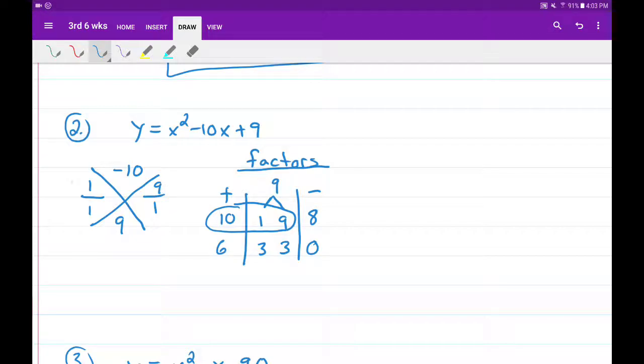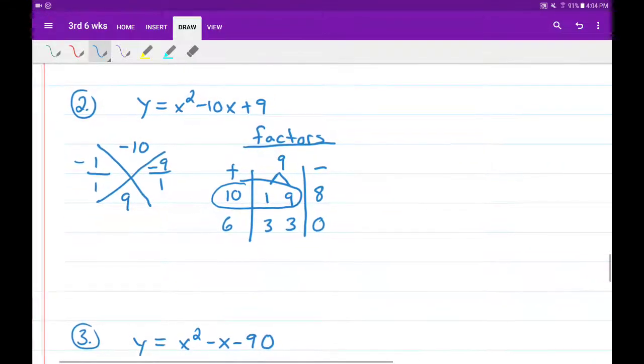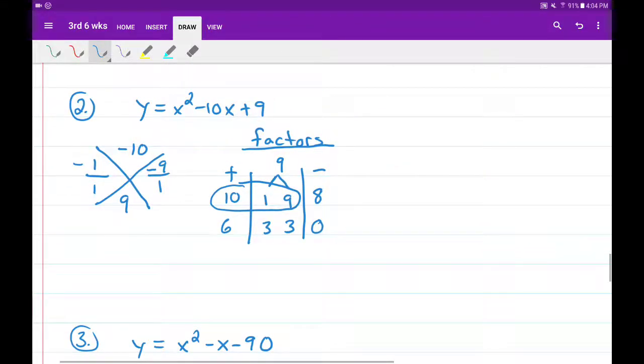In this case, since we need a positive multiple, it's going to go to both. Negative 1 times negative 9 equals a positive 9. And if we add them, negative 1 plus negative 9 equals a negative 10 on top. So once we write that out, we go ahead and write our answer. Y equals x minus 1 times x minus 9.